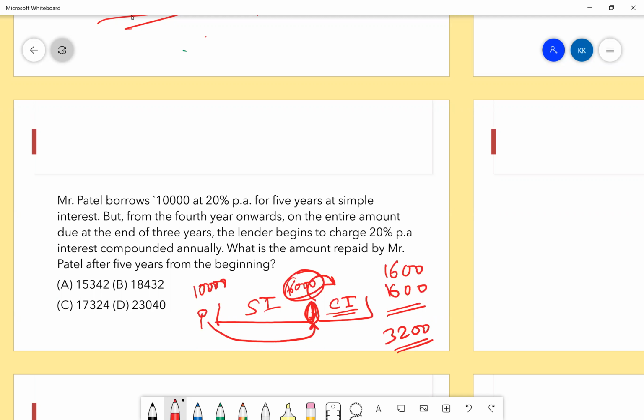Now you are already getting 19,200 as your answer if it was just simple interest, right? Compound interest will already give you the answer greater than that. I'm already having just one option. So guys, if you have to eliminate your options, this is the trick you will use. Got it?